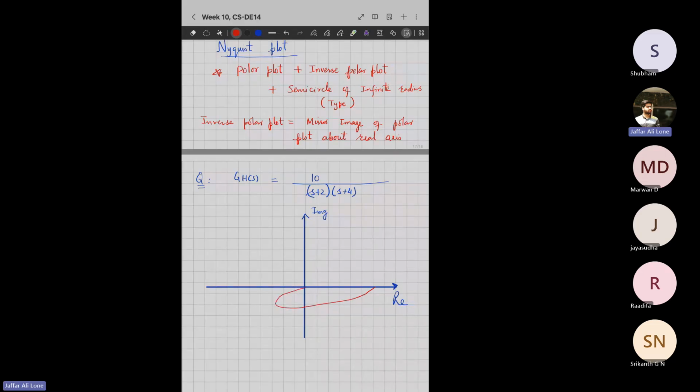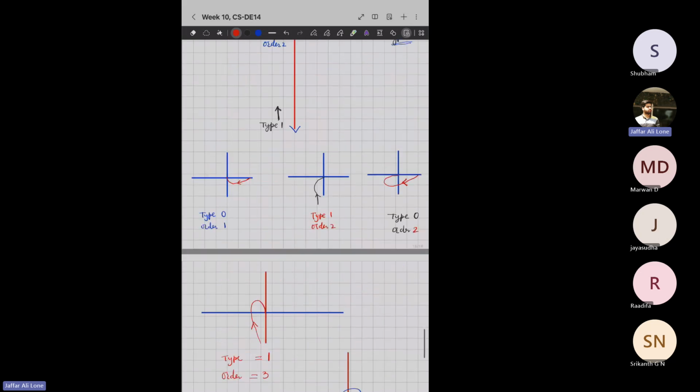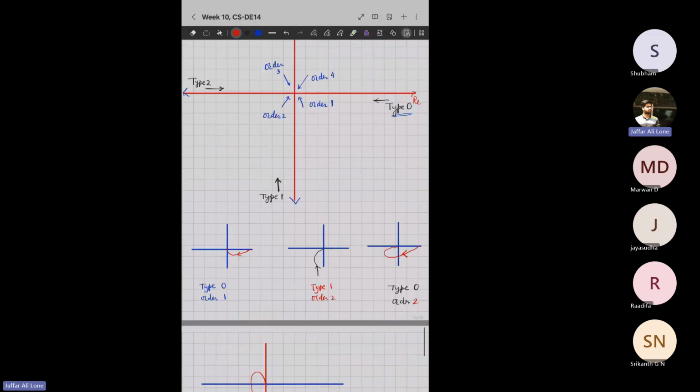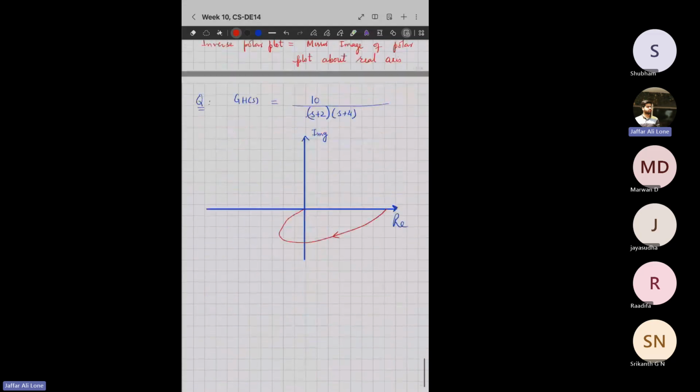Right? So my polar plot will be something like this. Okay, so this is my polar plot. Done. We have studied this. Type 0, order 2, so that's what it is. So this is the polar plot.